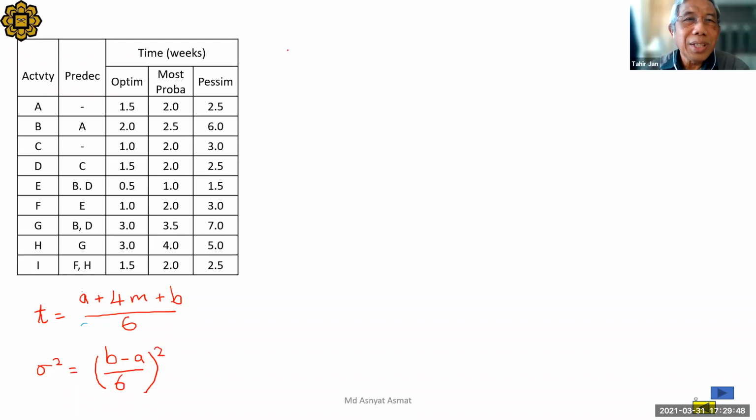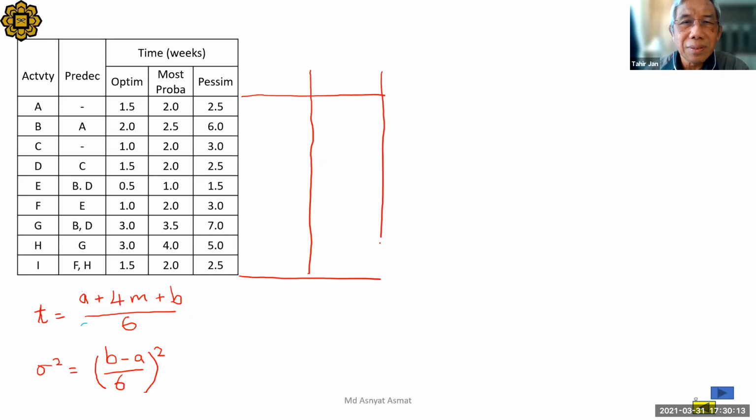Okay, let's do it. Let's extend from here. We are going to find the activity expected time T, and then the activity variance here.